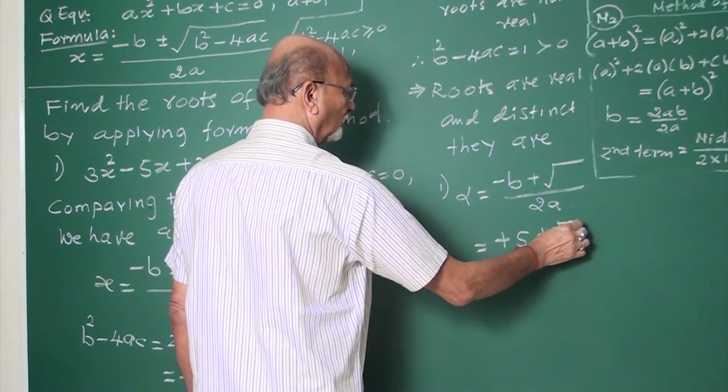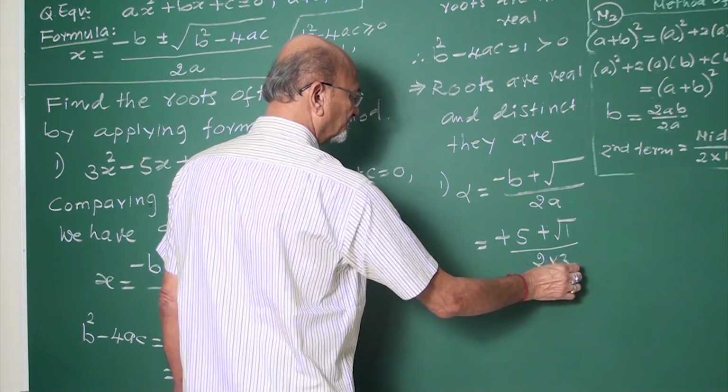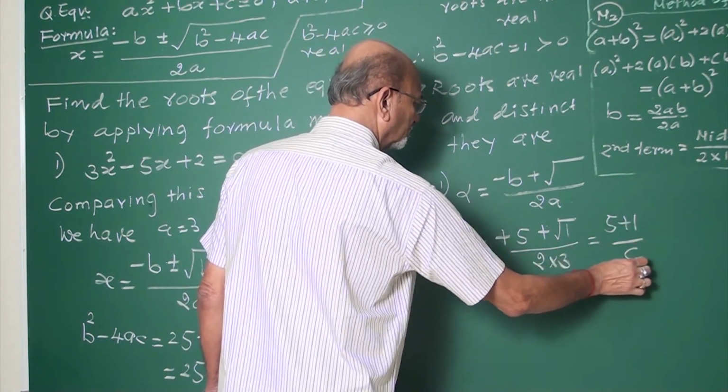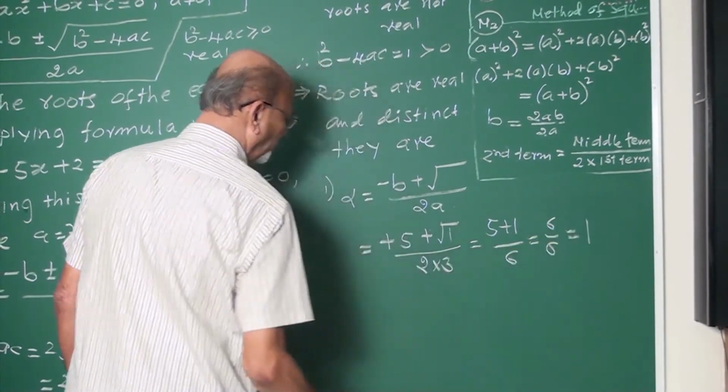It is minus of minus 5, which is plus 5, plus square root of 1, and the denominator is 2 into a, which is 6. It is 5 plus 1 upon 6, 6 upon 6 means 1. Alpha is 1.